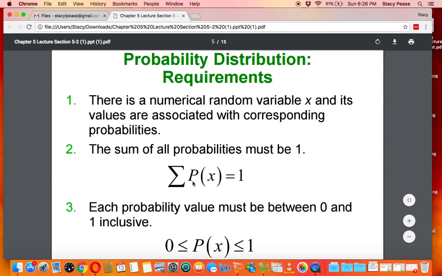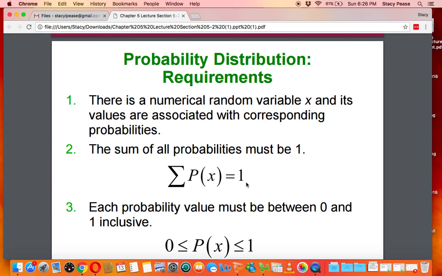The sum of the probabilities of x must equal 1. And what that's saying is that as long as you've captured everything for x, if you add up all the individual probabilities for the different possible outcomes, together they must add to 1 by definition, because altogether that must represent 1 or 100% of the different possible outcomes.